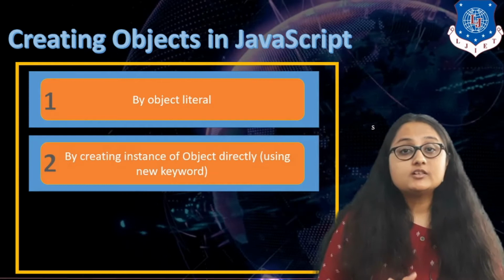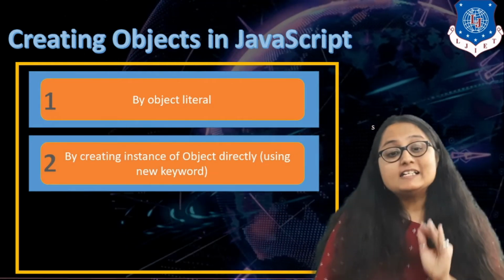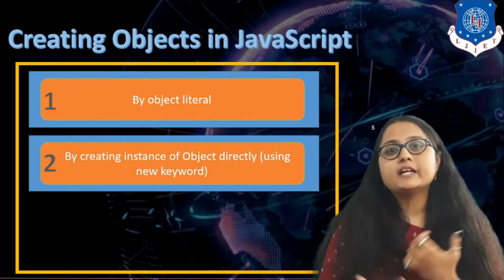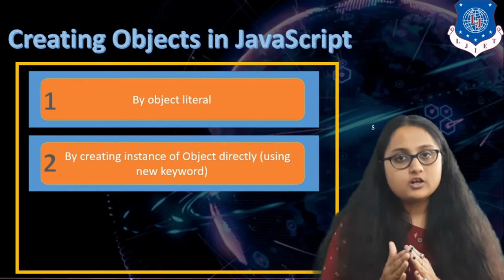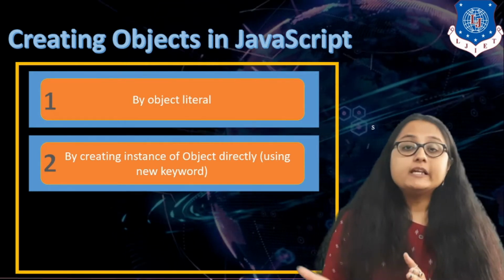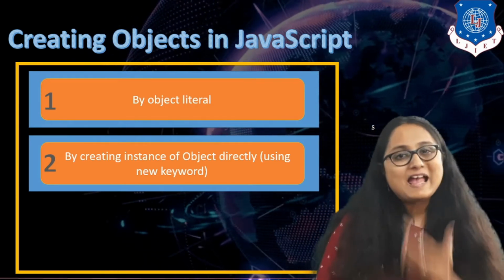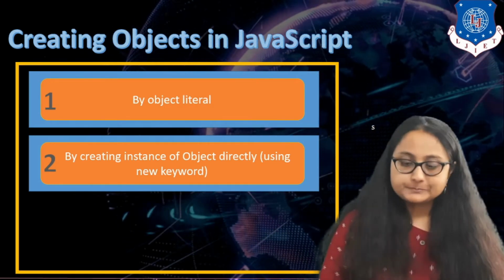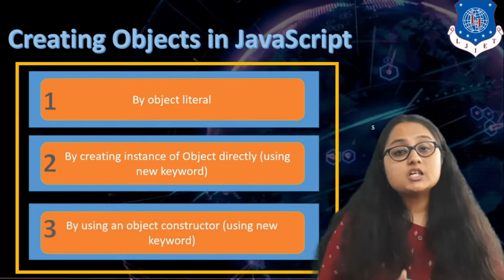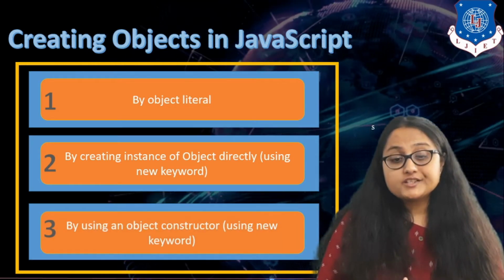The second method is by creating an instance of Object directly. You have a keyword called new. You can directly create an instance of the Object and you can create any object. And the last is using an object constructor.